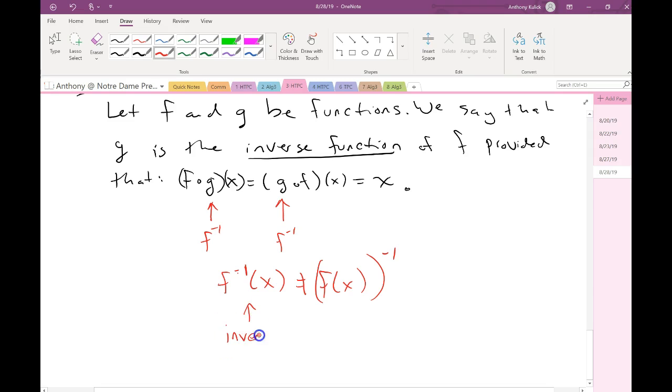This one is the inverse. This is a reciprocal. Okay, just to clarify some notation there, that's easy to get mixed or turned around on.